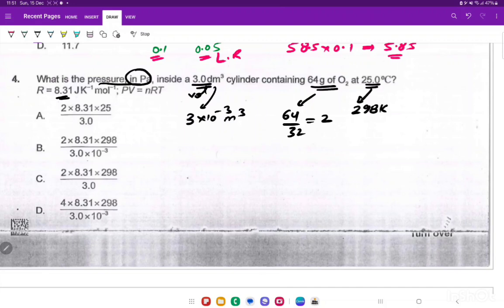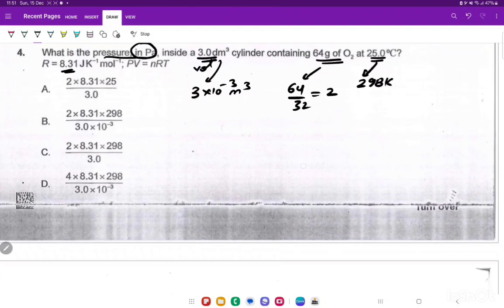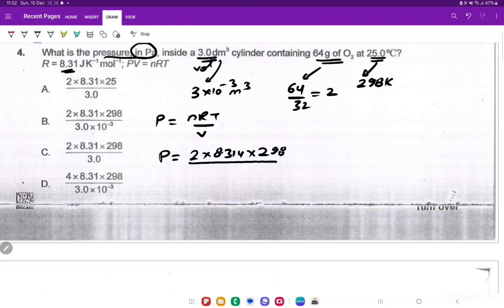P equals nRT upon V, so P equals 2 into 8.314 into 298 upon 3 into 10 to the power minus 3. That will give you the pressure in pascals. The answer is B, for question number 4.